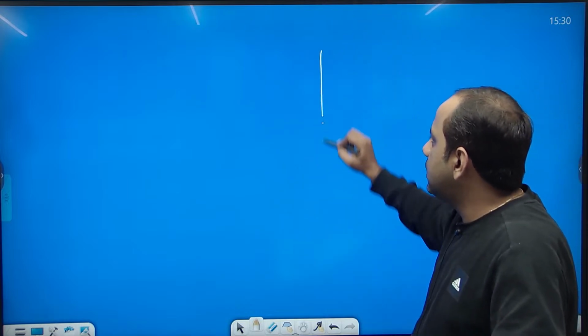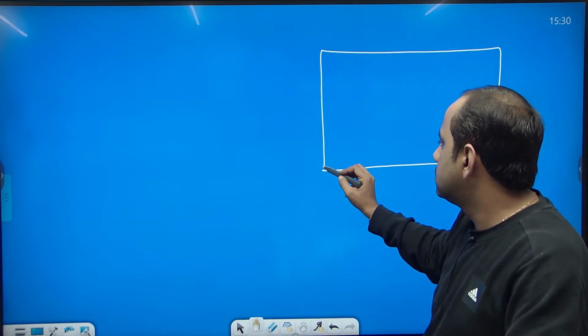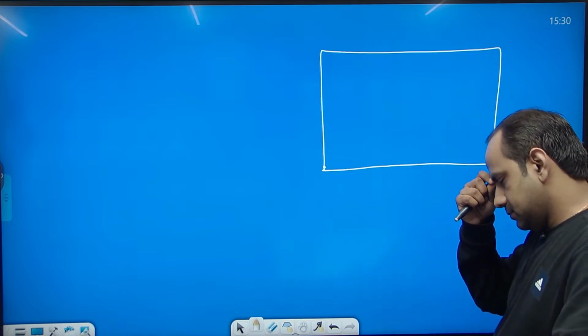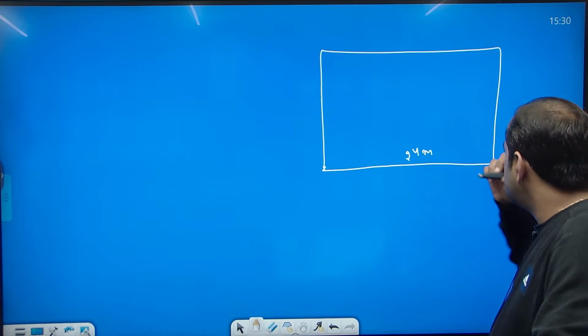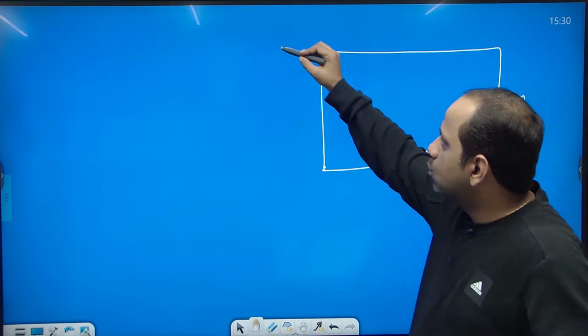If I say that we have this board, and the length of this side is 24 meters and this is 18 meters. Okay, and I have a 1 meter scale.